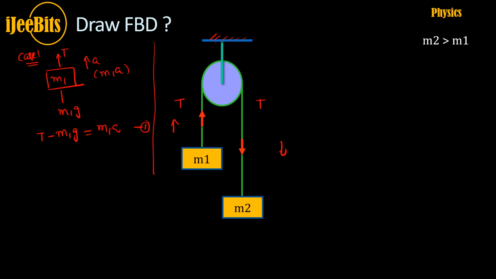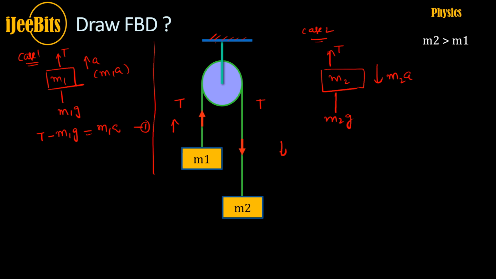Let's talk about case 2. Case 2 is block 2, M2. Create an FBD for this one. The first thing is tension is in the upward direction, and M2G is in the downward direction, but your block is moving downward. When the block is moving downward, that means this force would be M2A in the downward direction.